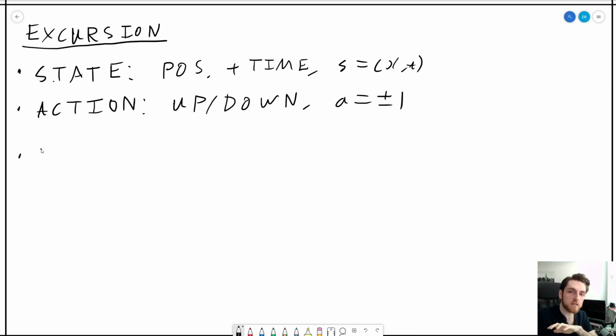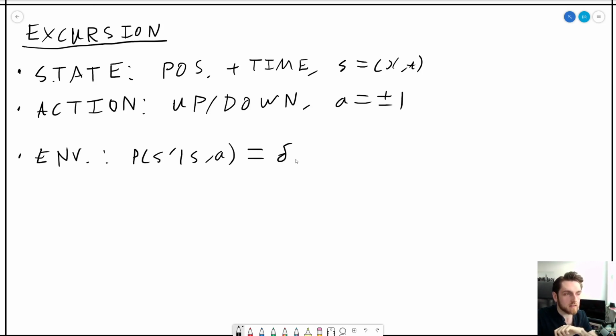And in this case, the environment is deterministic. So if you choose to go up, the position goes up by 1, and the time iterates by 1. So the environment is simply given by, I'll drop the reward in the environment because it's deterministic in this case, and I'll give you that in a second.